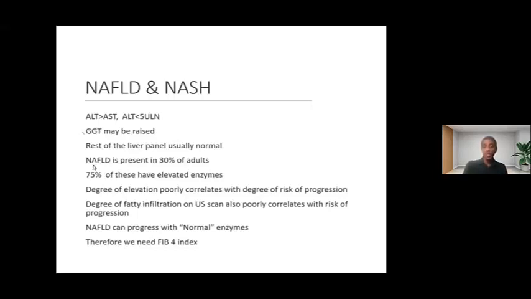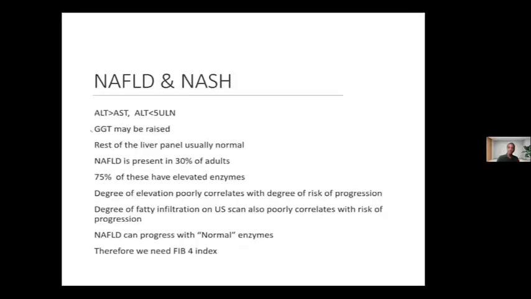So what they say is that NAFL can progress with normal enzymes, because you diagnose a fatty liver by doing a simple ultrasound scan of the abdomen, but you may not see any biochemical abnormality in your liver panel, and still it can progress.